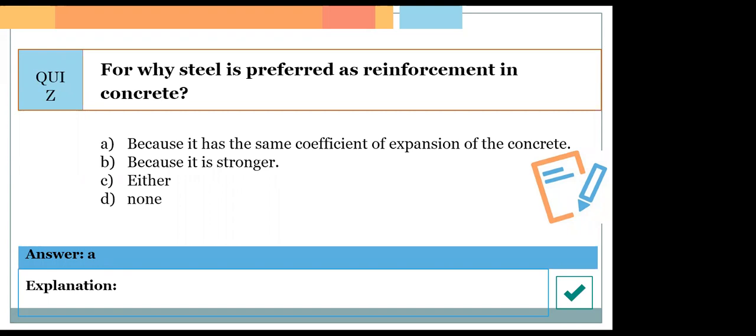The answer is A. Do you know the difference of why they use steel over concrete? Because concrete can crack easily.